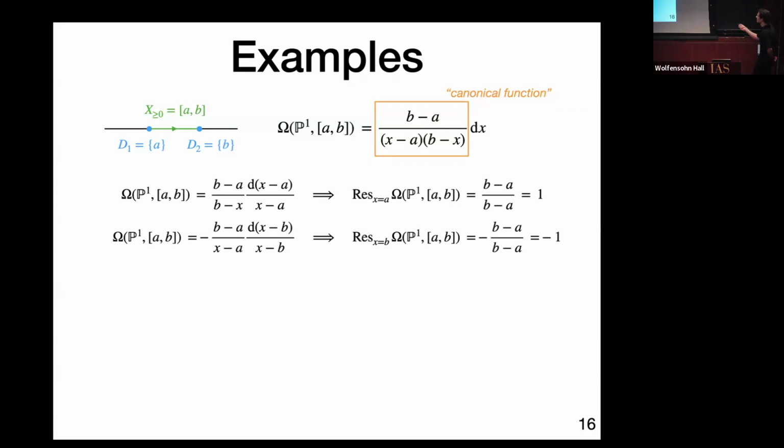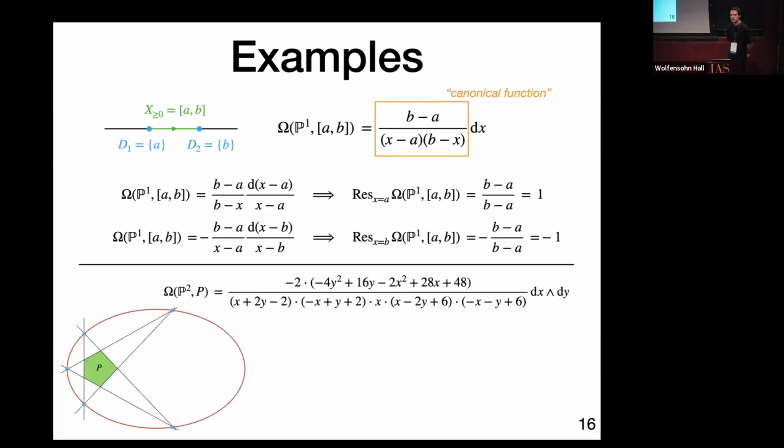That's how you compute a Poincaré residue, and the output is 1. So this has residue 1. On the other boundary, when x equals b, if you write our form this way, a minus sign pops out. So this has opposite orientation, and here the residue is minus 1. So this satisfies all the axioms.